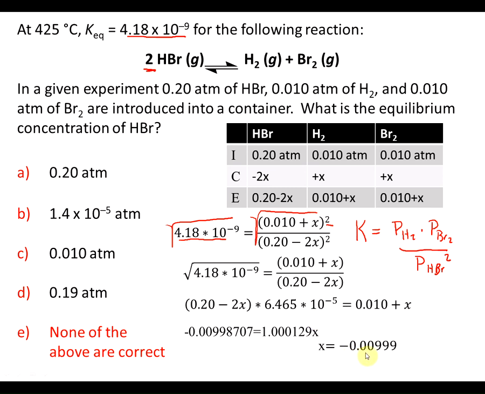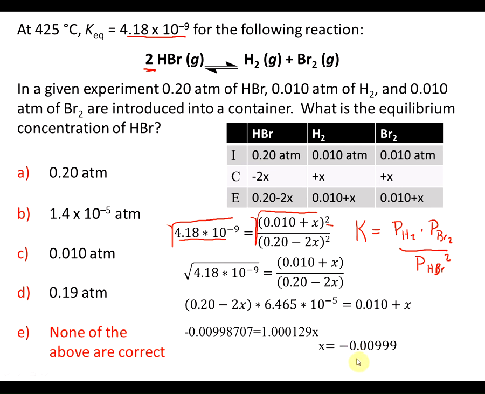So this is telling me that I'm not too worried about having a negative x value. What this tells me is that rather than proceeding in the forward direction, I actually need to go in the reverse direction. So this is why I didn't bother comparing K versus Q, because this negative sign in my x will tell me what I need to do.